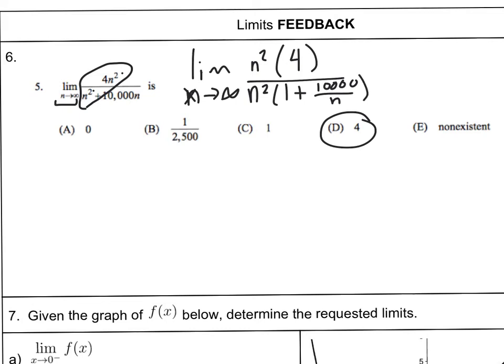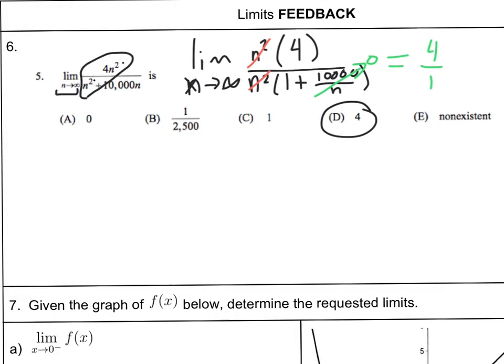You might notice that the n squareds cancel out. And if I plug infinity in, which again we can't really do, 10,000 divided by infinity is basically 0, leaving us with 4 over 1. That's the algebra reason for why that works.